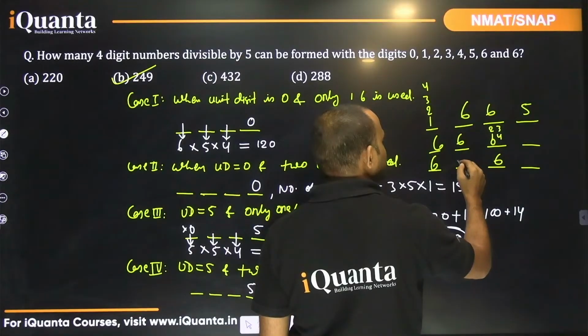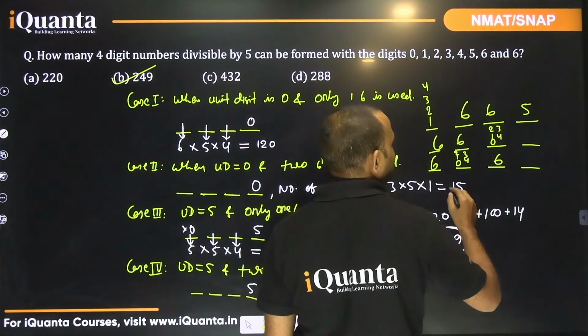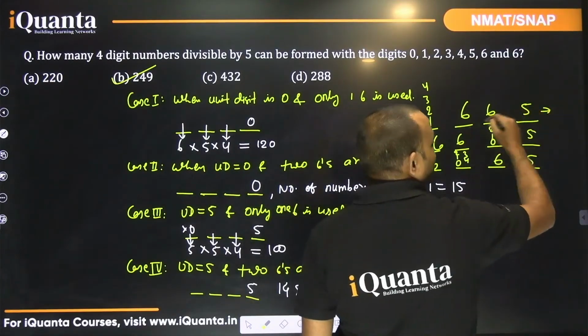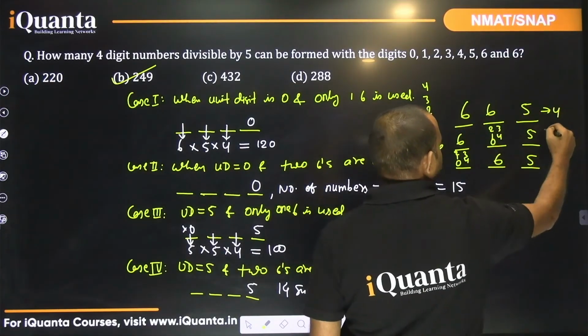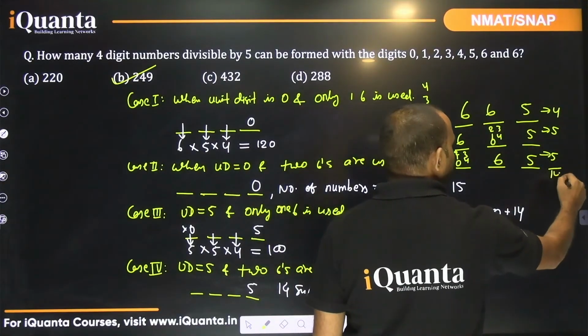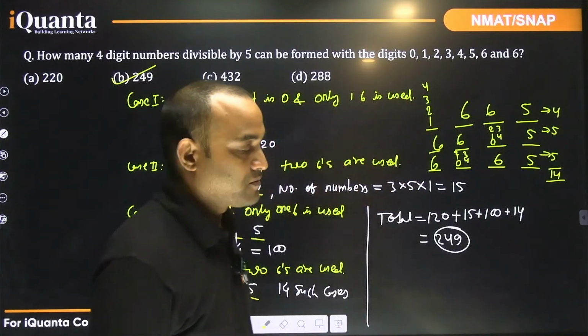This value can be 0, 1, 2, 3, 4, right? And 5 is at the unit place. So here you are not taking 0, right? So 4 cases, 5 cases, 5 cases, total 14. Okay, is that clear now, Priyam?